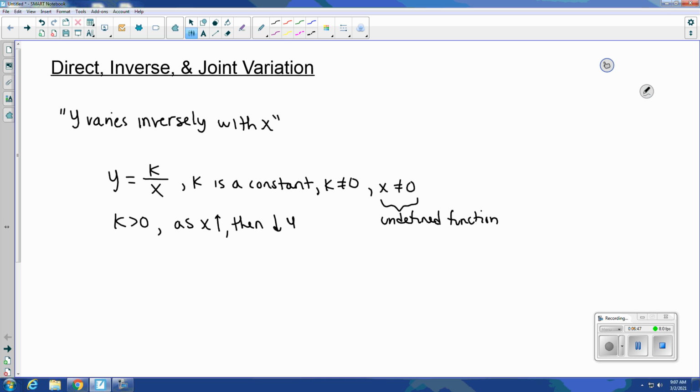So y is going to go down. Or as x decreases, if x gets smaller and smaller and smaller, the overall ratio value will go up. So there's an inverse relationship between x and y.